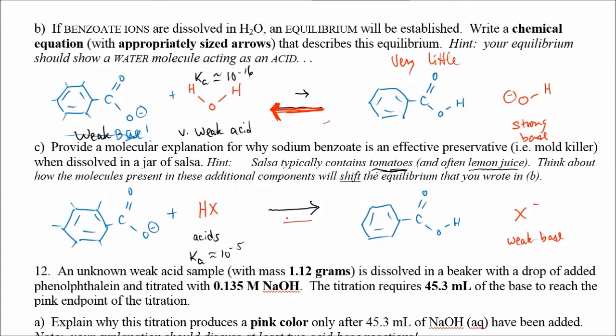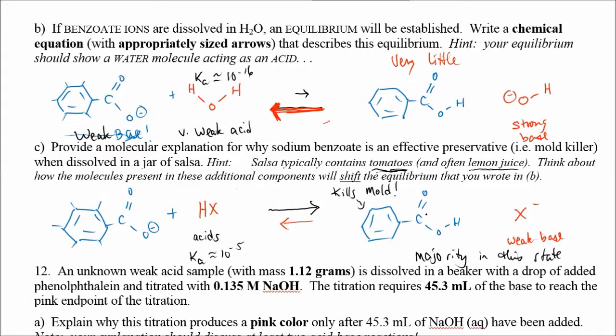It's just an arrow. So in a situation like this, we have perhaps the majority of the molecules in this state, which is important because this benzoic acid is what kills the microorganisms, kills mold.